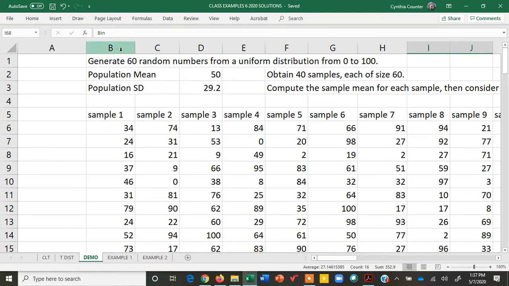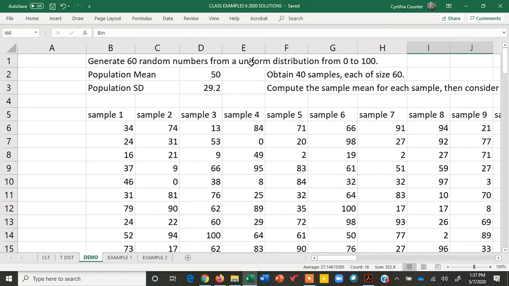So I'm generating 60 random numbers from a uniform distribution from 0 to 100. This way I know exactly what the distribution looks like. It's not bell-shaped, it's uniform, but it is symmetric. It can take on any value from 0 to 100, though in this case I am just sticking to integers.